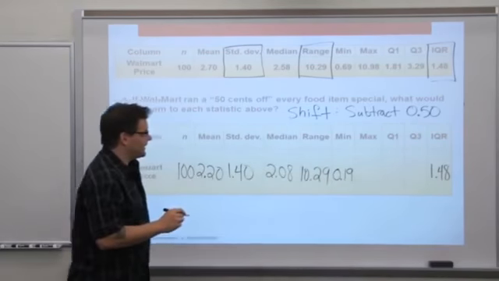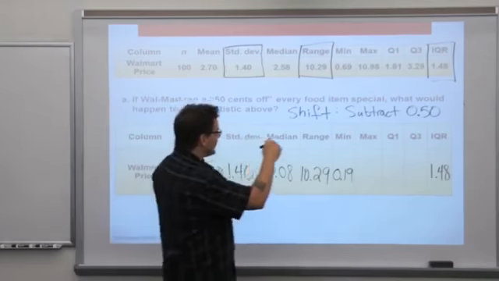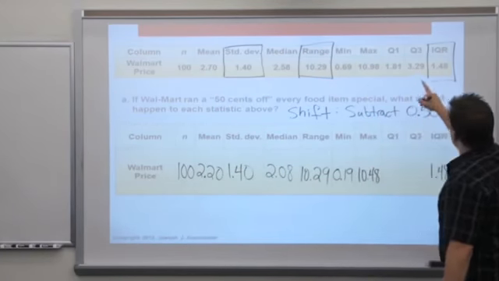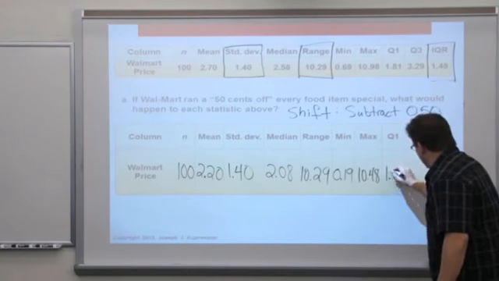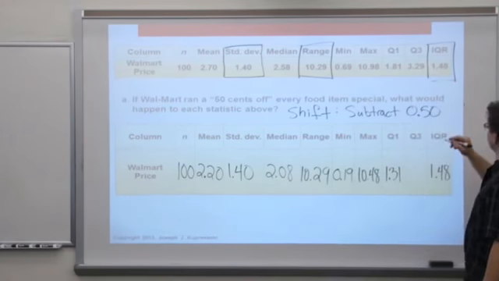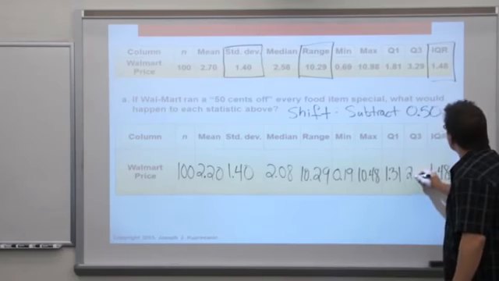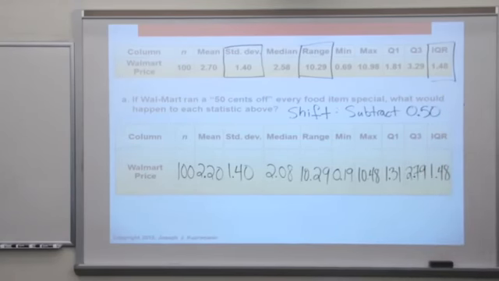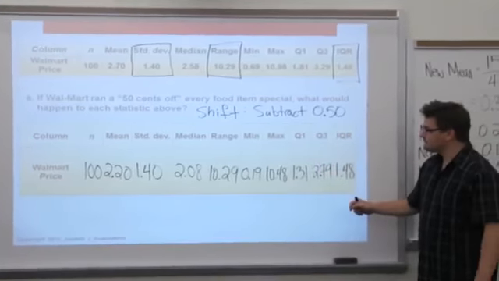New minimum would be 19 cents. The 10.98 for the maximum goes to 10.48. The 1.81 for Q1 would go down to 1.31. And the 3.29 would go to $2.79. It's a shift. This is what would happen.